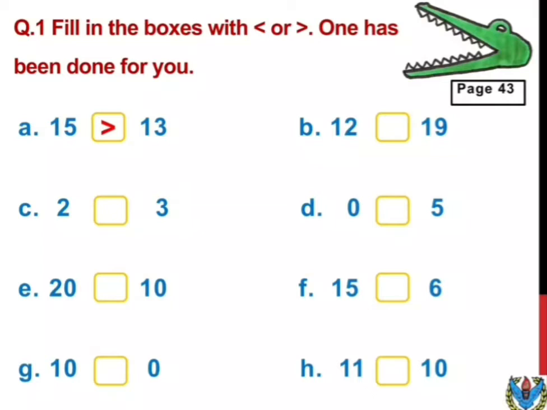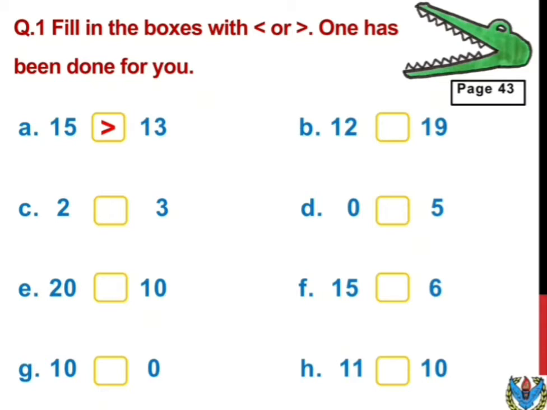Look at part B. Now we have 2 numbers, 12 and 19. Both of these numbers belong to 10 series again. Now we will start counting from 10. 10, 11, 12, 13, 14, 15, 16, 17, 18 and 19.